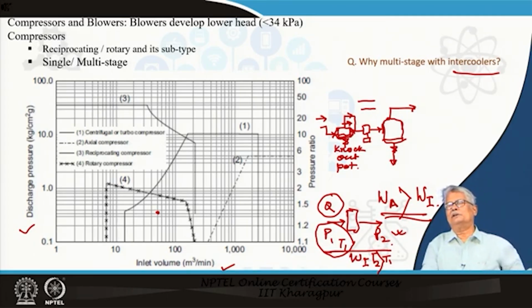Lowering of temperature before the second stage has another advantage which should also be included, particularly when you have a very high compression ratio. It helps in reducing the temperature to the second stage so that you can go for an inferior or a cheaper metallurgy.